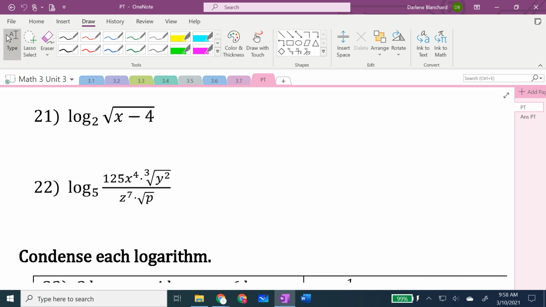Now, I want to tell you that 22 is not a problem I would put on the test. I consider it a challenge problem of if you can do this, you can do anything I throw your way. When we first work with this, I'm going to break up the division inside this logarithm as I'm expanding. So that means that I have log base 5 of, and I'm going to write the whole numerator.